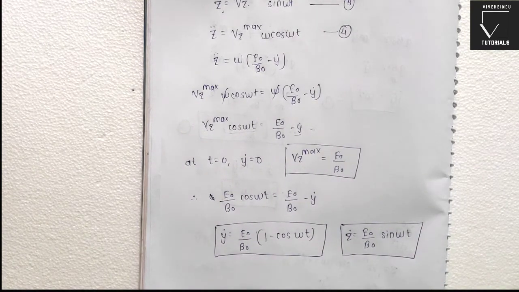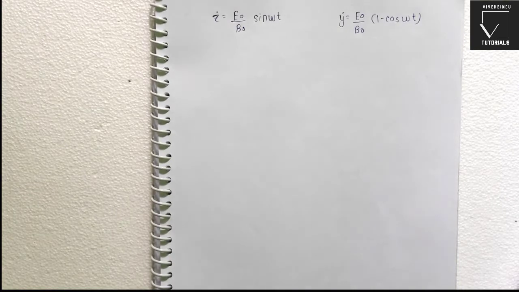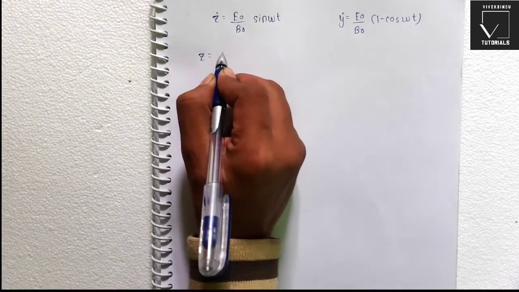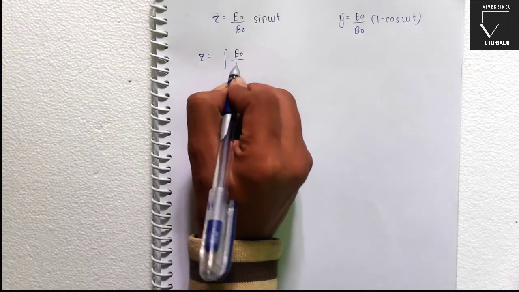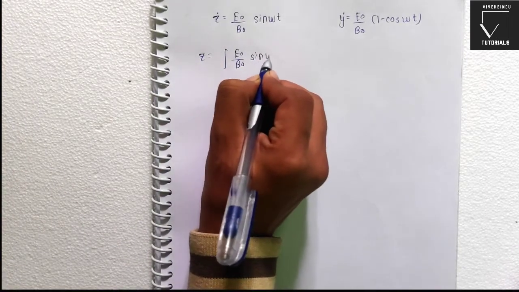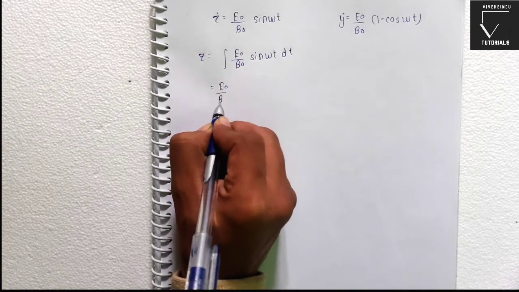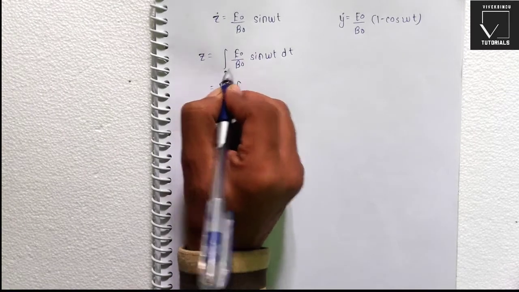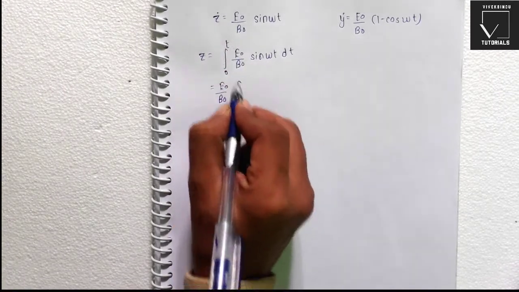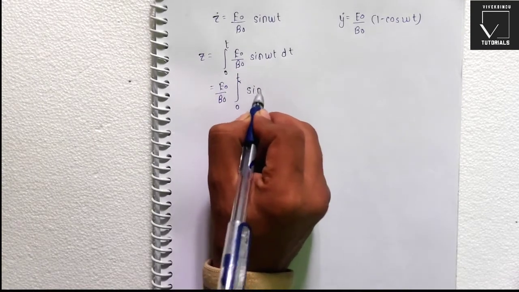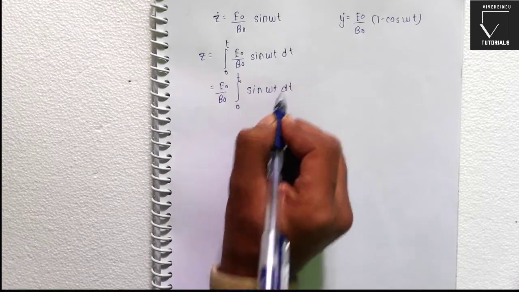So for calculation of the trajectory, we have to integrate both equations with respect to time. So let's integrate these two equations with respect to time, and we get z is equal to integration of e naught upon b naught sine omega t dt, which is E naught upon B naught integration from 0 to t of sine omega t dt.